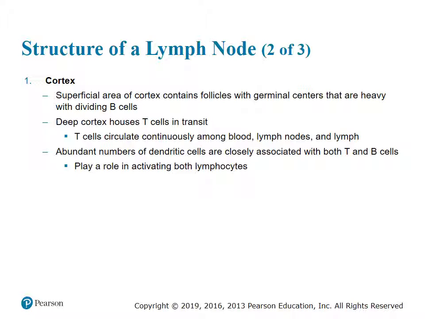B cells are located there, and they'll divide and divide. And the T cells are found a little bit deeper into the cortex. Those are the ones that circulate throughout the bloodstream and the lymph nodes and the lymph. And the dendritic cells are also found in the cortex, right?